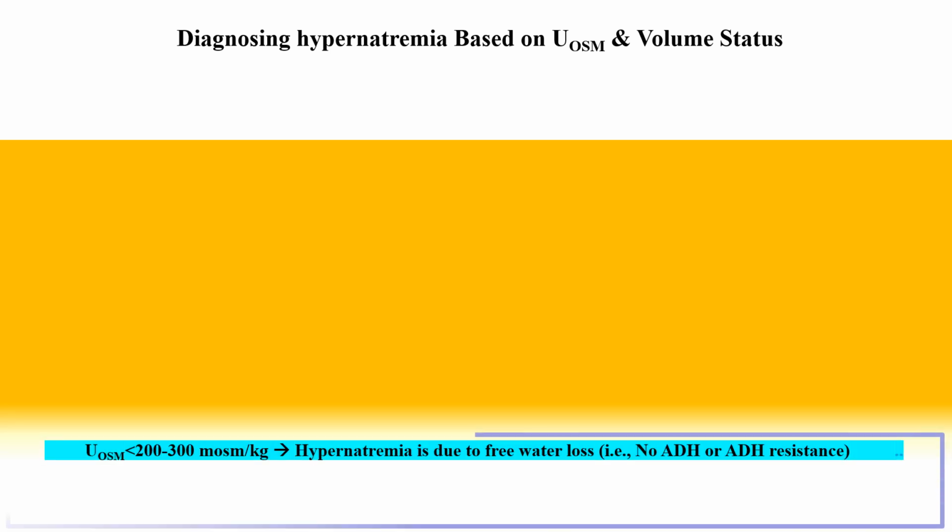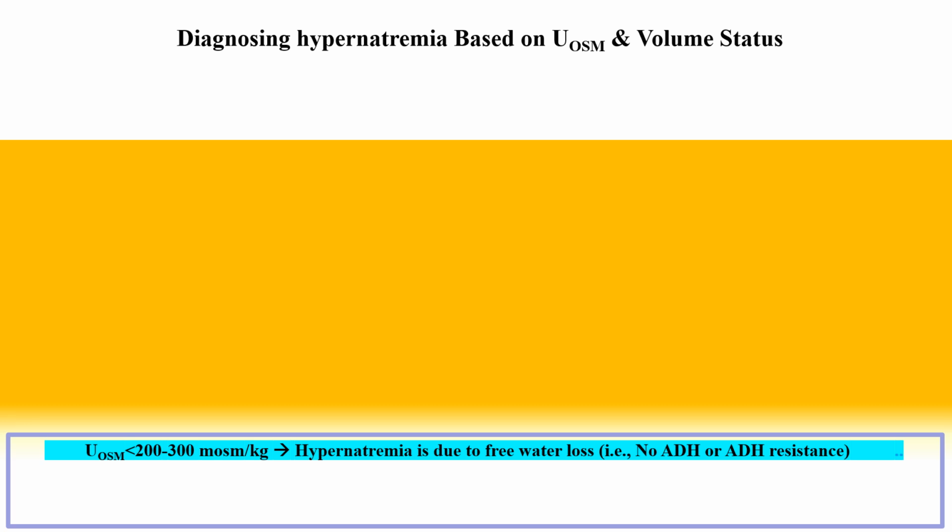Similar to hyponatremia, we can categorize the differential diagnosis of hypernatremia based on urine osmolality and volume status. For patients who present with hypernatremia and a dilute urine, that is, a urine with an osmolality less than 300 milliosmoles per kg, it is most likely that the hypernatremia results from excessive free water loss.